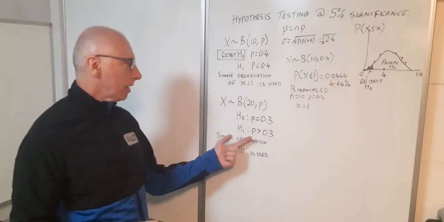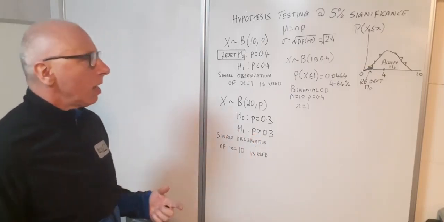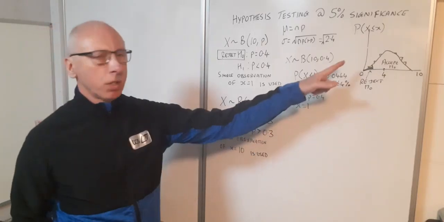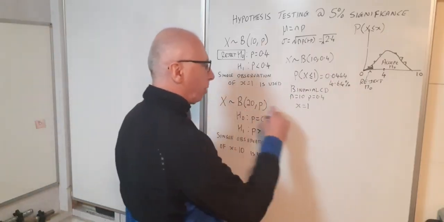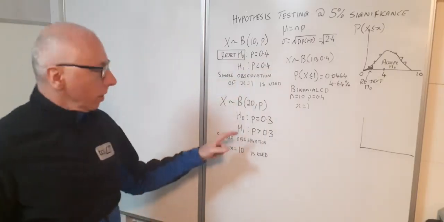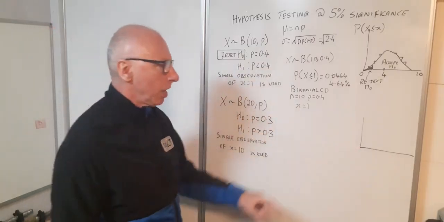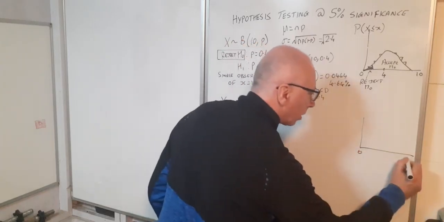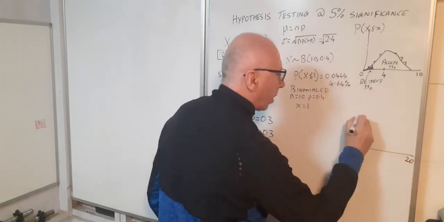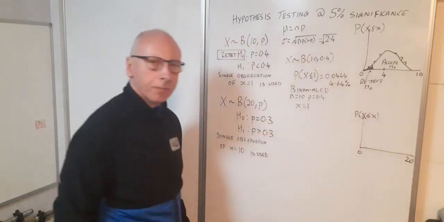Now let's have a look at the case where the probability is greater than 0.3 and see what we do. Same thing again, I'm going to do a little sketch of our distribution for this one. So n is 20, so the scale along here is going to range from 0 to 20. And up here we've got the probability x is less than or equal to some value x.